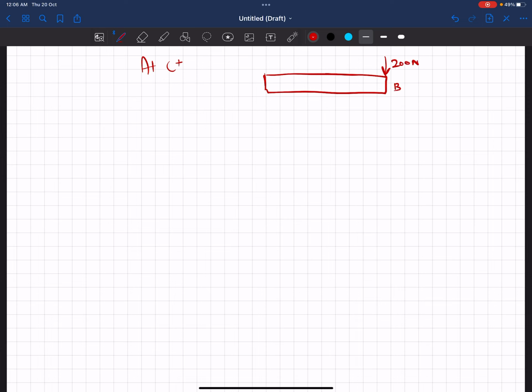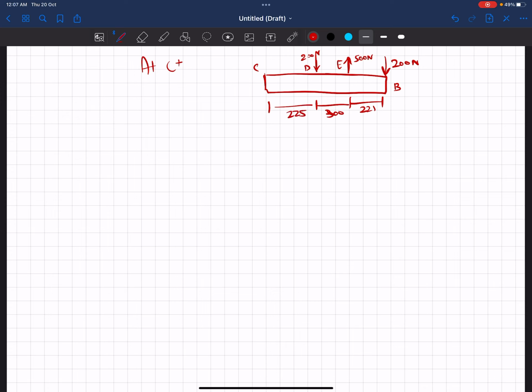This is point E where we have 500 Newton upward. This is point D where we have again 200 Newton. This is point D and this is point C. From B to E the distance is 225, the distance between D and E is 300, and the distance between C and D is 225.